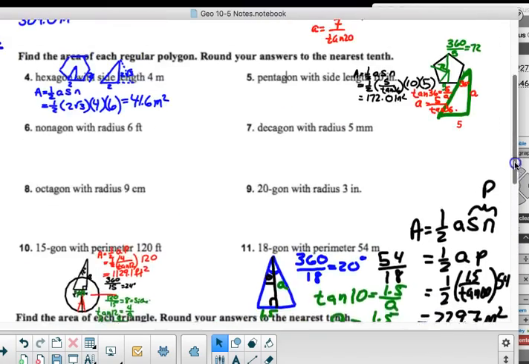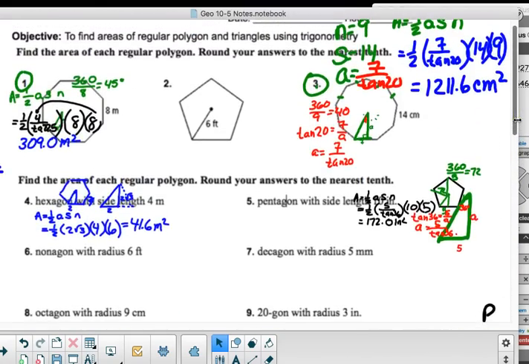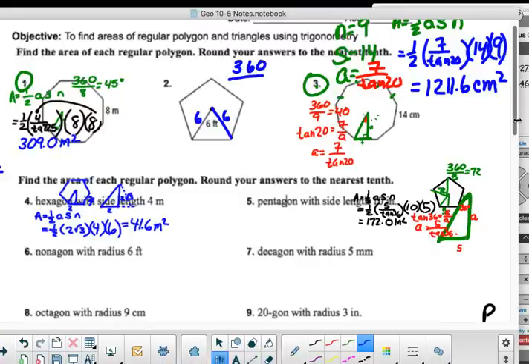Let's look at these up here. I have a triangle, and these are radii. This is 6, this is 6, and I know that 360 divided by 5 is 72. I have a formula that can help me find the area of that blue triangle.